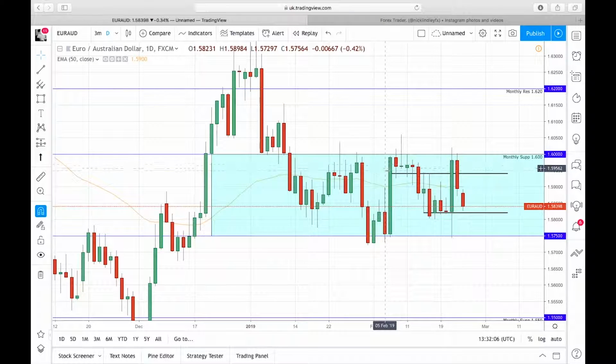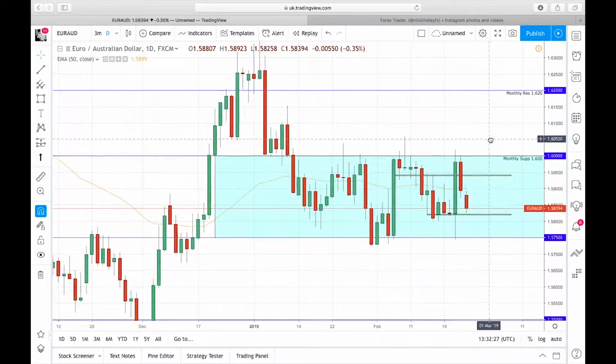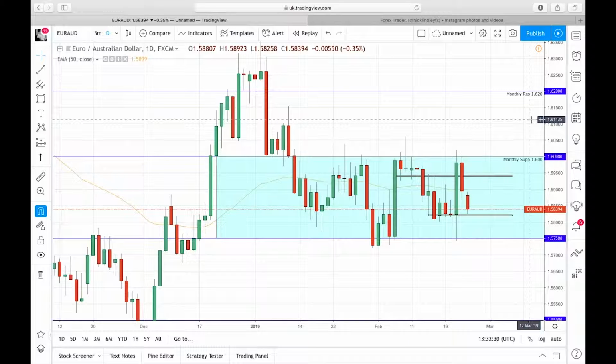Again, probably a lot of people would have longed off this candle, but we never really got that break and close below 1.600s. We fell back down, another test of support, a very strong bullish candle. We probably still would have had a lot of long trades taken here, but 1.6 still hasn't been broken, so none of those longs would have been valid, I don't believe, yet.